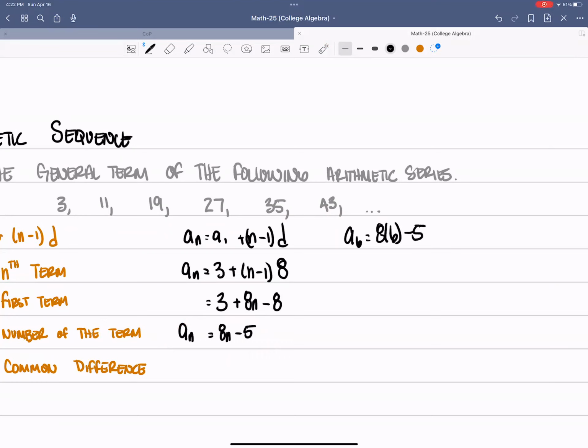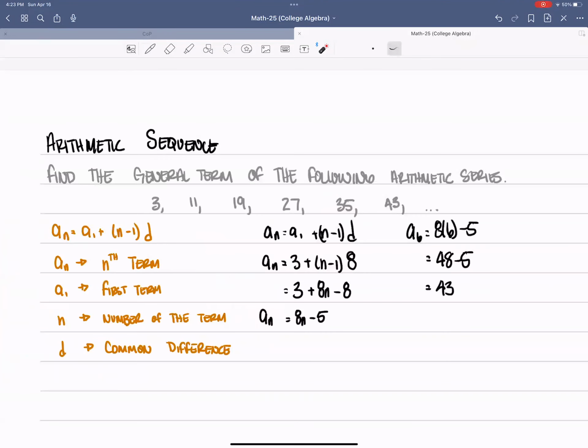And we should be getting that 43. So 8 times 6 minus 5, 48 minus 5. And that gives us our 43. And perfect. So we tested it for this very last term, the 6th term of the sequence, and it comes out to be true.